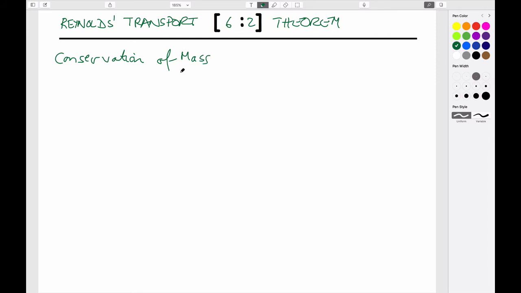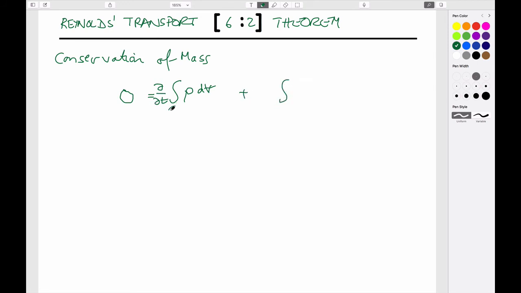Let's write it out first. So we have that 0 is equal to an integral of density, volume, a rate of change with time, plus another integral.